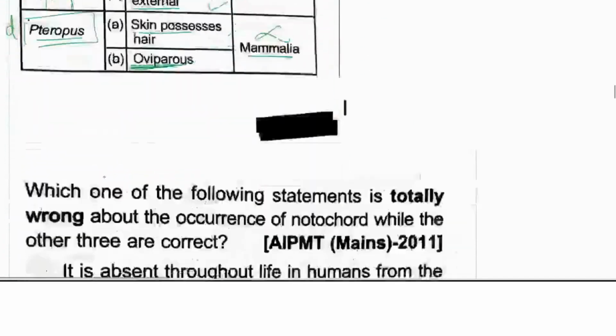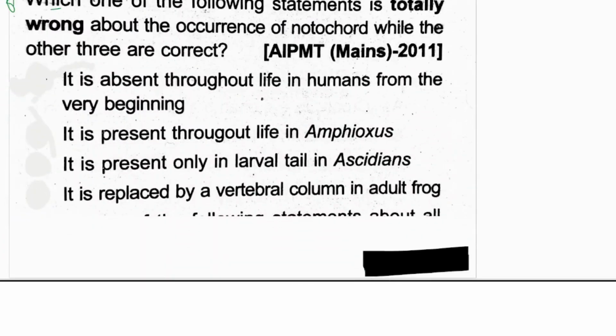Okay, next question number 8. Which one of the following statements is totally wrong about the occurrence of the notochord, while the other three are correct? Means the question is asking which among the four is totally wrong about the occurrence of the notochord, while the other three are correct. That is on the basis of the notochord development and its function they are asking.